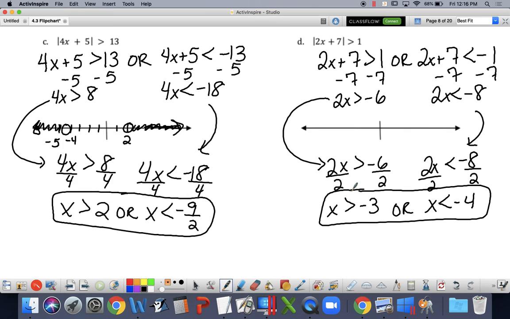So on this one, I get x is greater than negative 3 or x is less than negative 4. Doing okay on these?